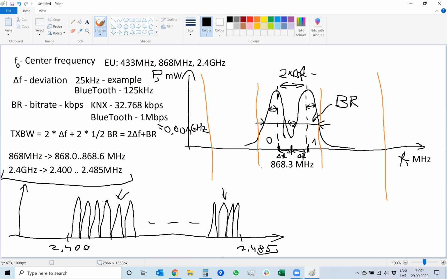And even if that happens, they listen, they hear that somebody else is also talking on the same channel, and they just jump to a different channel. So that method is called frequency hopping. It is implemented in Bluetooth.